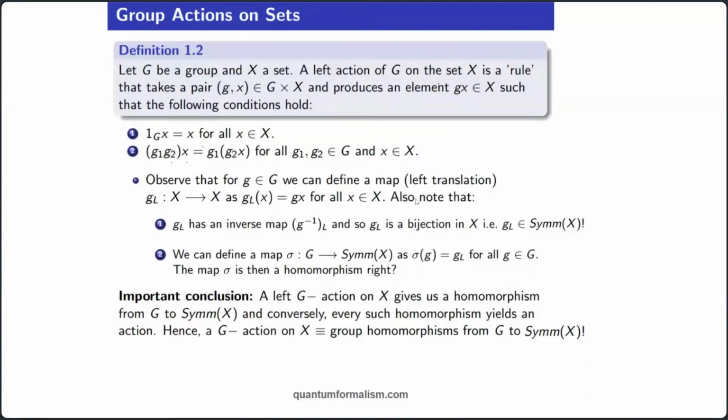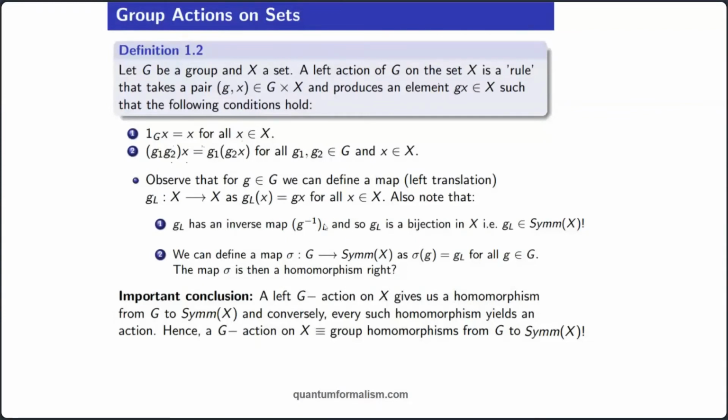Now, another interesting thing, and if you don't see this, it's not a problem. At home, from now until the study sessions with George, you can just think about it. This g_L has an inverse map, which is given like this.